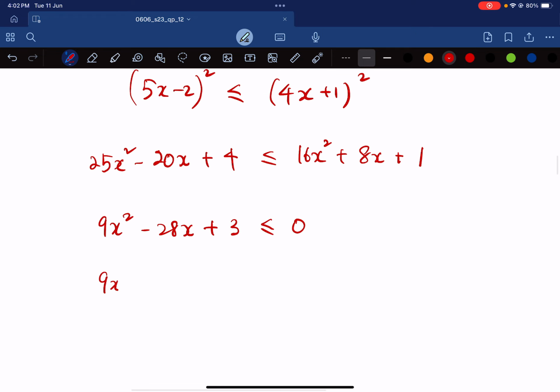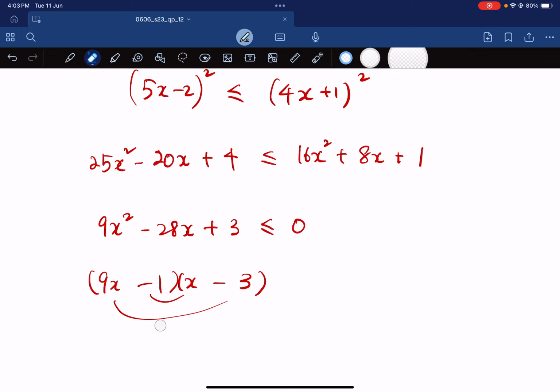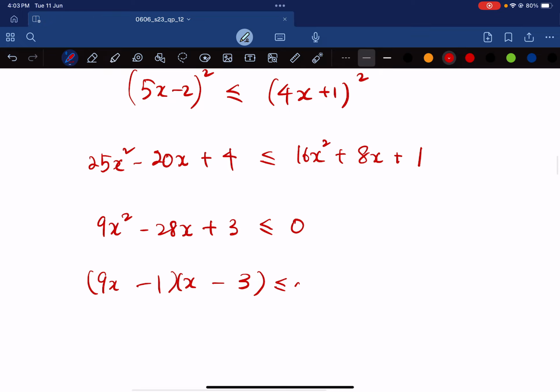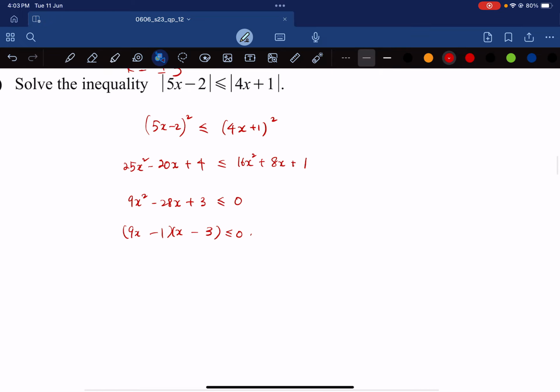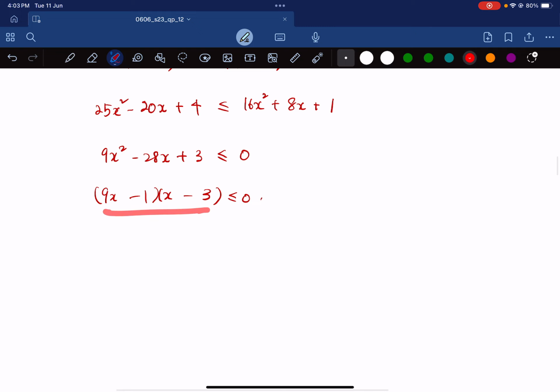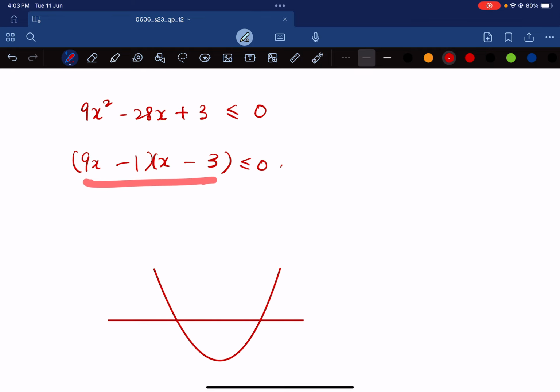So yeah, we can factorize this: 9x times x, 3, 1, negative 27, negative 1. So in total we have negative 28. To solve inequalities, now I need to sketch this graph. This is a quadratic. The factorized form tells us that one root would be positive 3, one root would be 1 over 9.